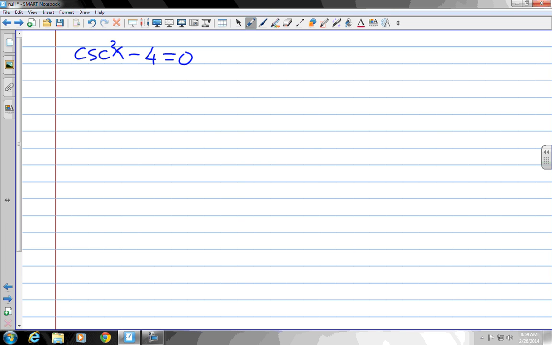And let's just do it on the interval from 0 to 2 pi. So cosecant squared minus 4 equals 0. So how do you want to go about solving this one?